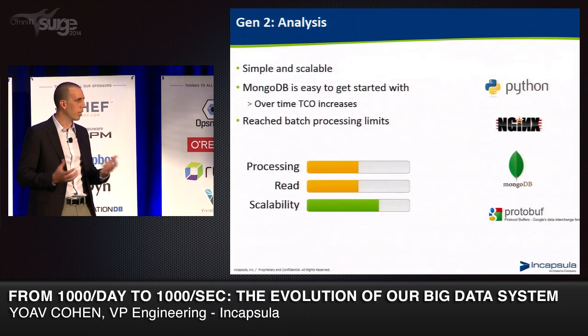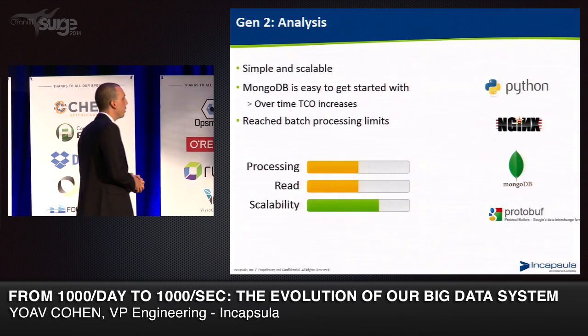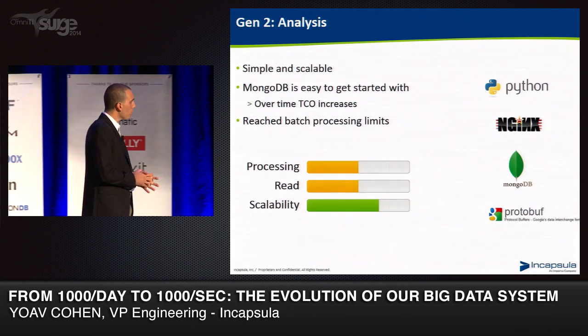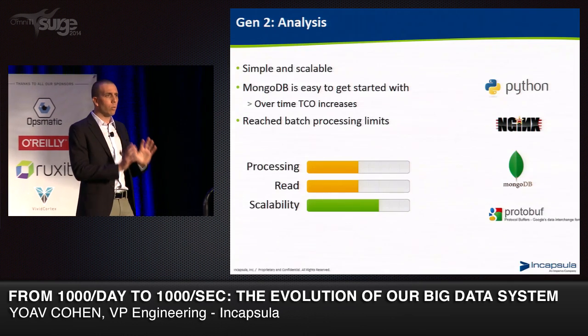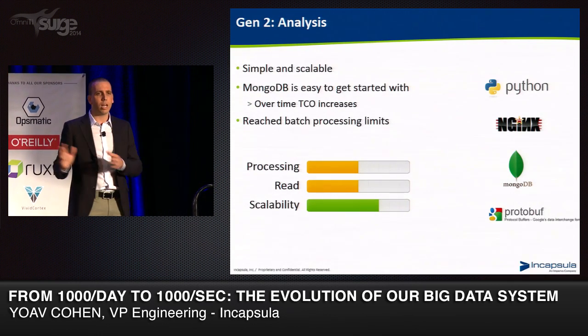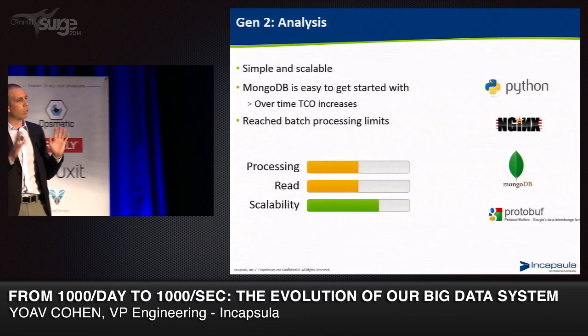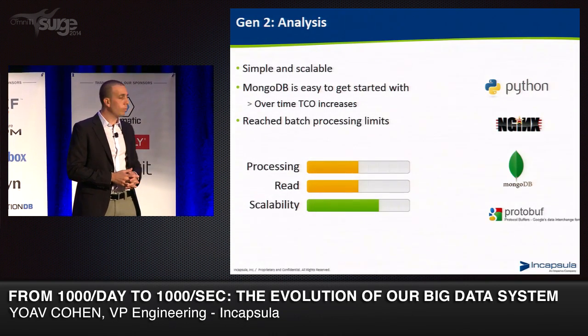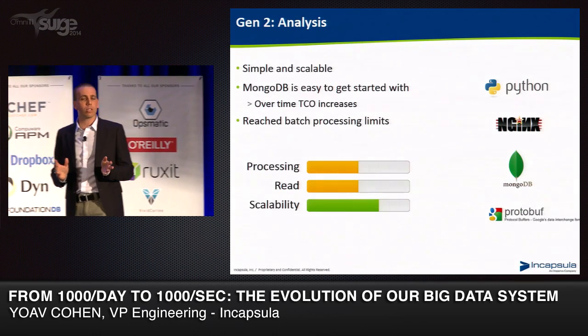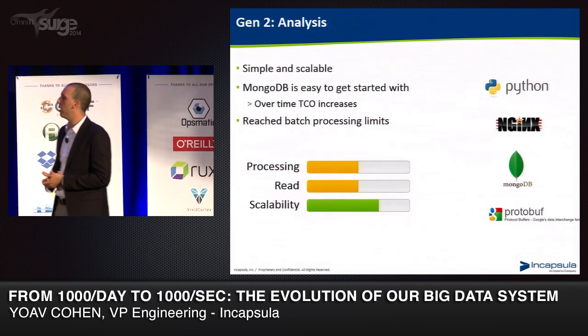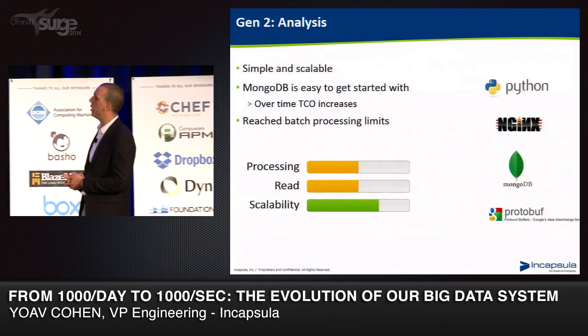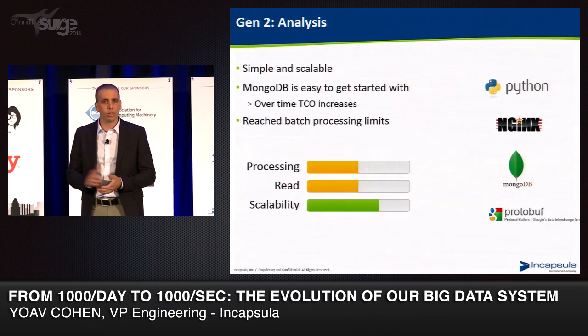And that doesn't seem like a good place to be. Processing-wise, it was OK. It was a lot better than we had before. Read performance was OK after we solved all the problems. And scalability-wise, it was OK because it definitely qualified as being able to process 10 times more data.